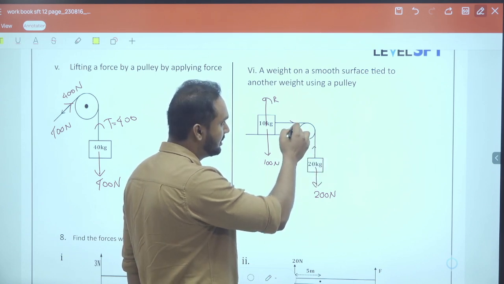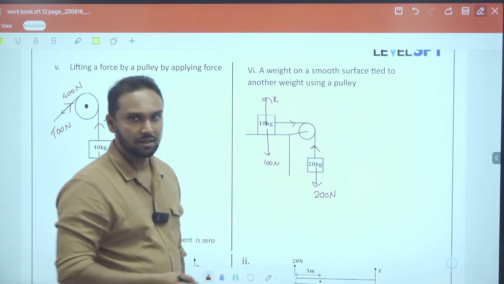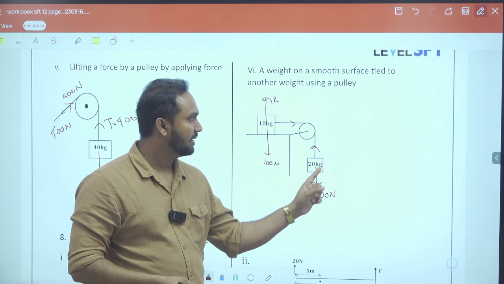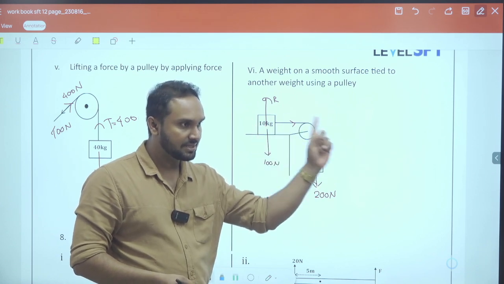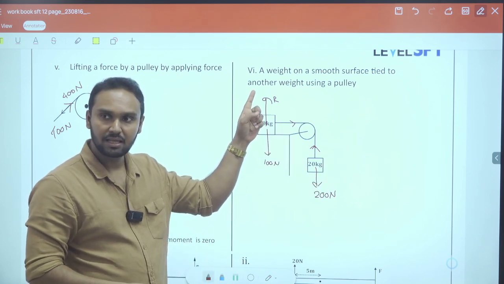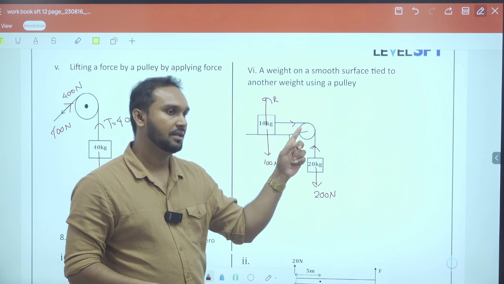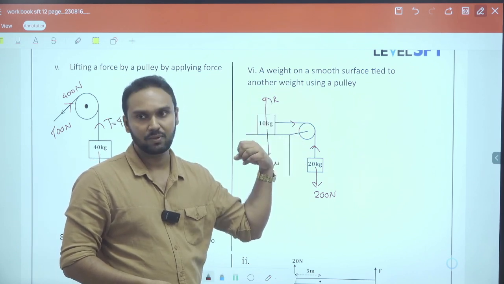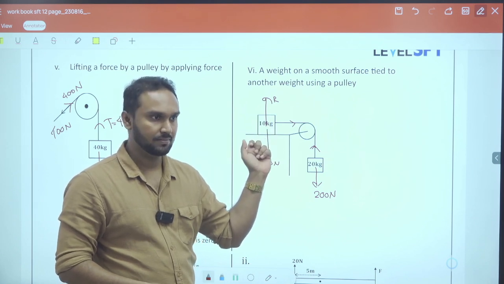And the tension here will be towards this way and it will also be 200. Get it? Now the force applied from this one is acting in which axis? X axis here, right? And the force here is acting in the y axis. And can a force in the y axis affect a force in the x axis? No. Why not? Because there are no components at 90 degrees, right?